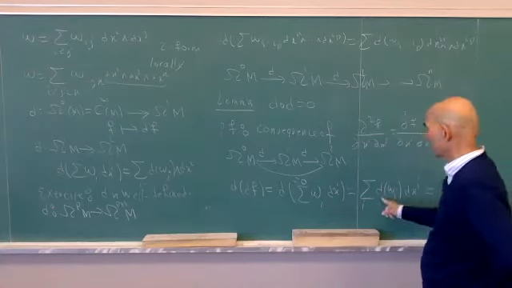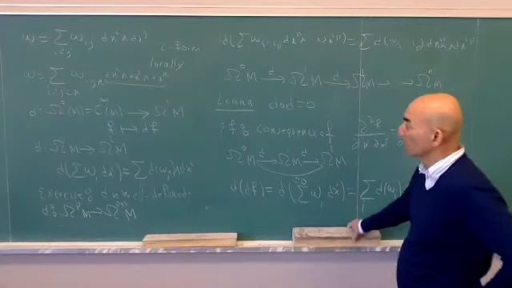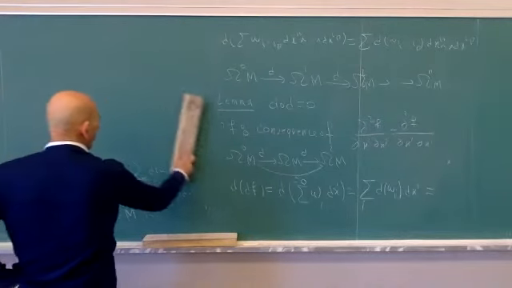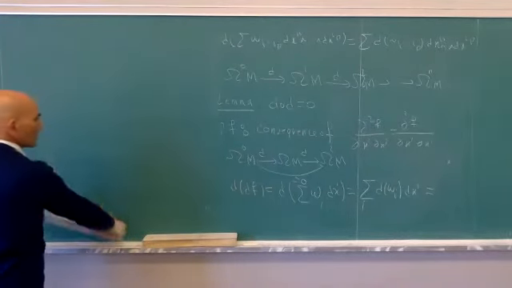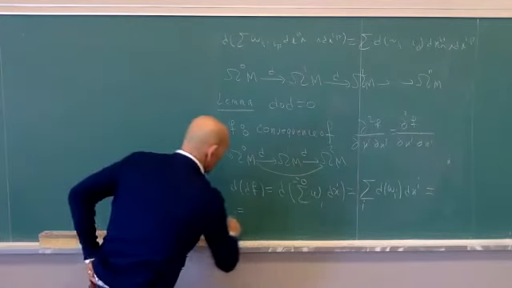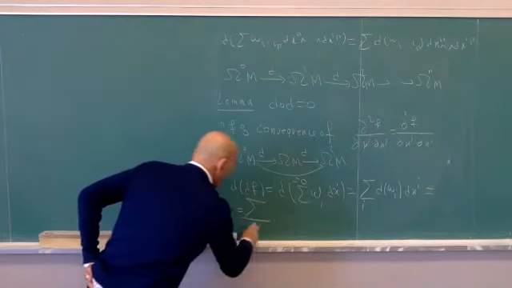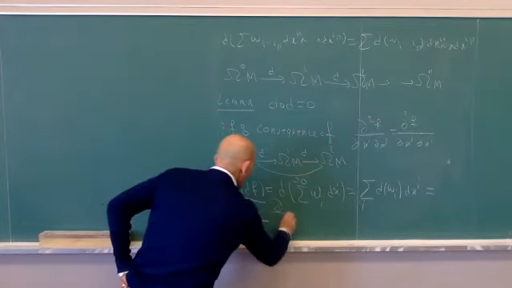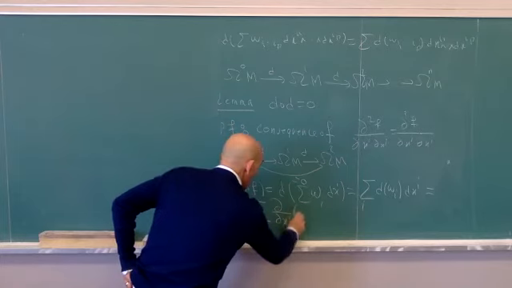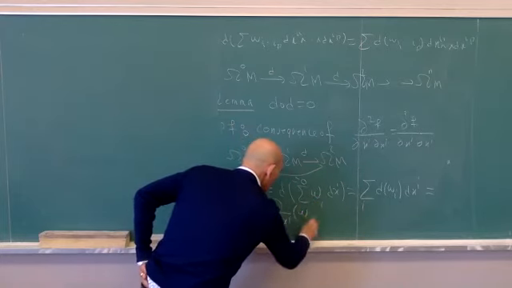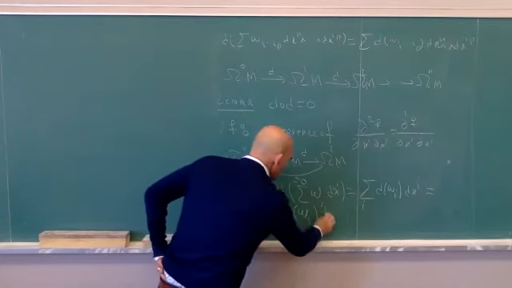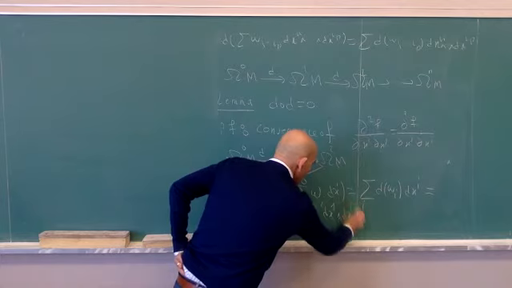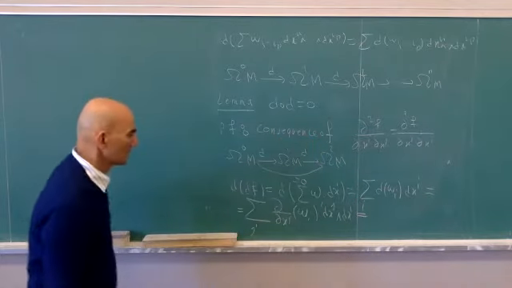So this is equal to, but we know how to calculate d, right? So this d is equal to the sum now over j of d over dxj of omega I dxj wedge dxi.